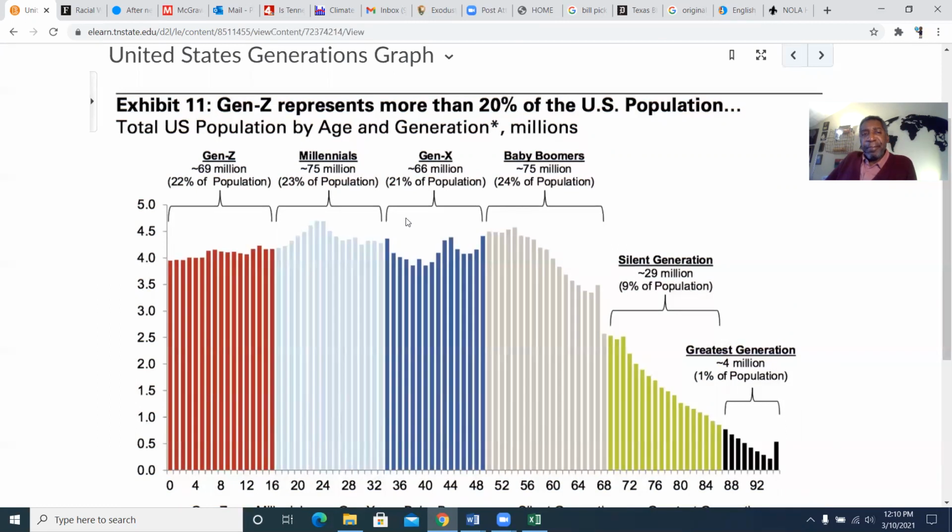And then of course, Generation Z, if you're 22 years of age and younger, then that's Generation Z. You're not a millennial. That's a different generation.